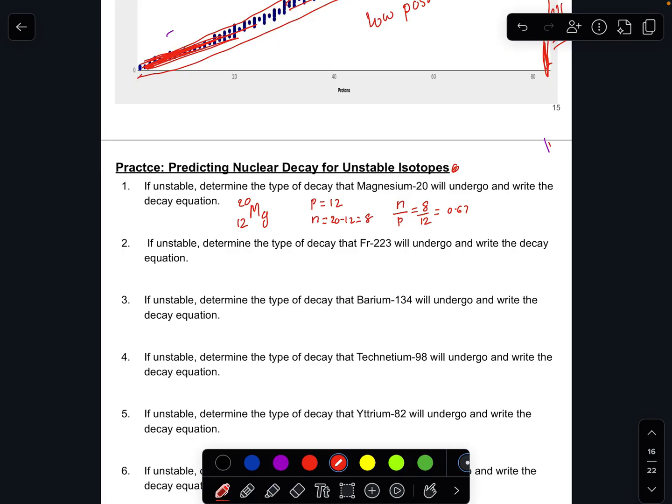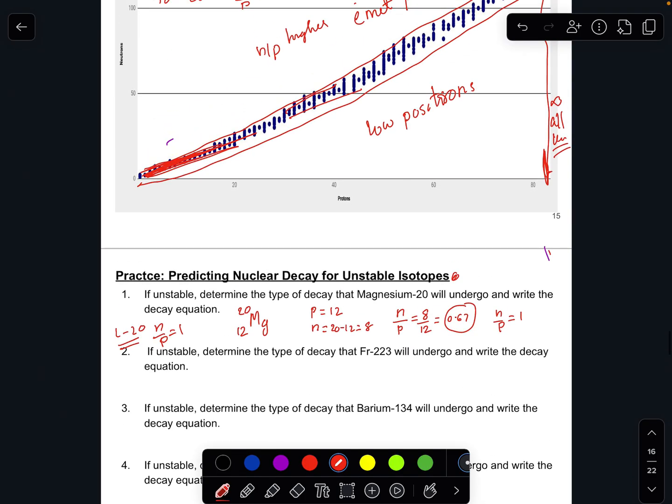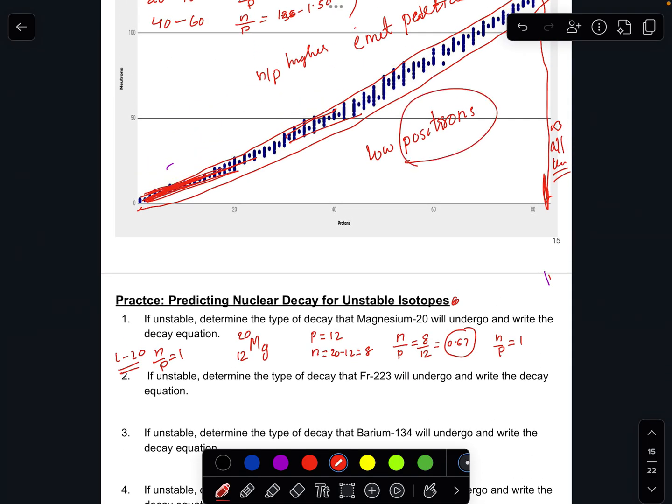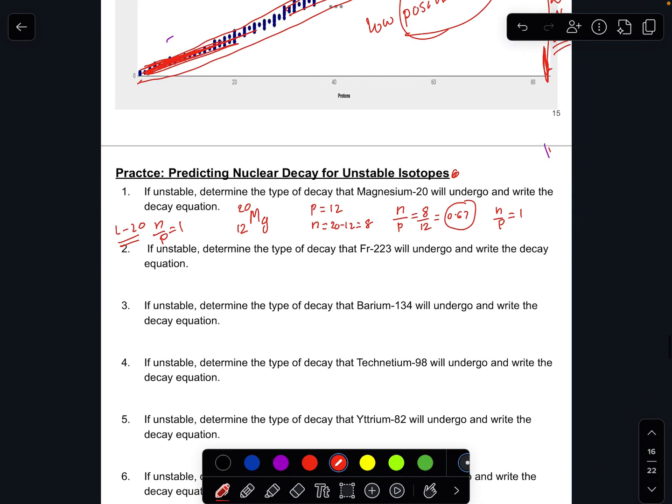The atomic number is 1 to 20, and we said N by P must be equal to 1, but this is below 1. If it is below 1, we said it will emit what? Positrons. So it will emit positrons.